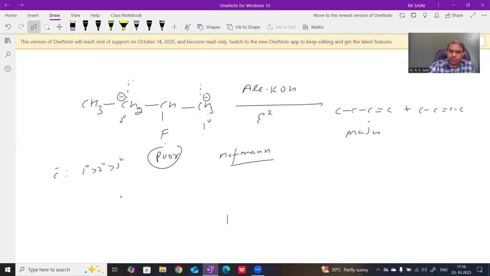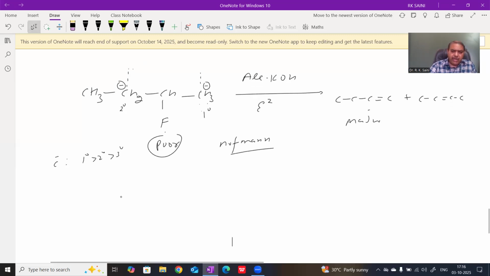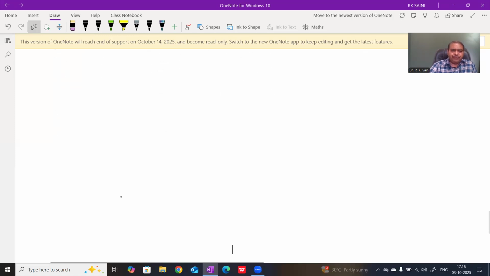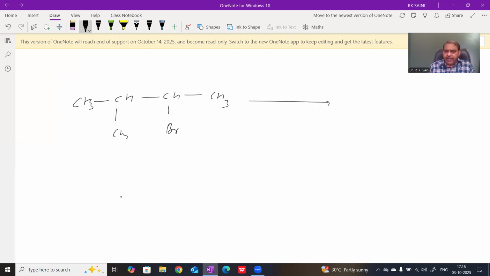Another example, in case of a bulky base. For example, this substrate is treated with sodium alkoxide. If the sodium alkoxide is sodium ethoxide, it is a secondary alkyl halide and hence the E2 mechanism is preferred. In the E2 mechanism, it gives two products, namely 1-butene and 2-butene, but the leaving group is neutral.